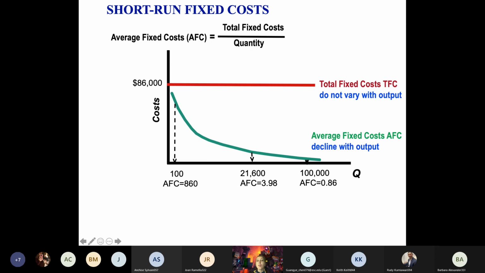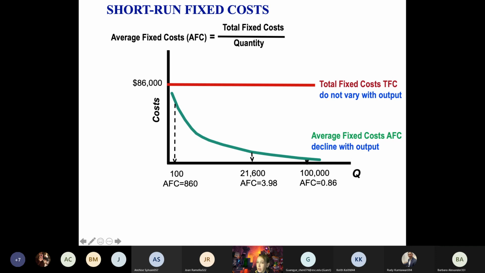At your current level of estimated output of 21,600, you spread the overhead costs across all these cups, and it ends up being about $3.98, almost $4 a cup. That's what your overhead costs.